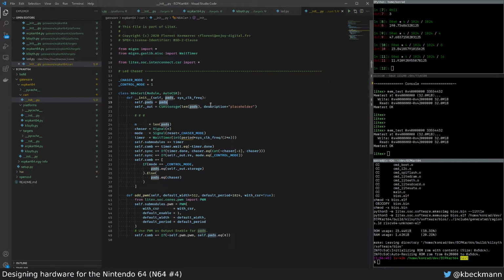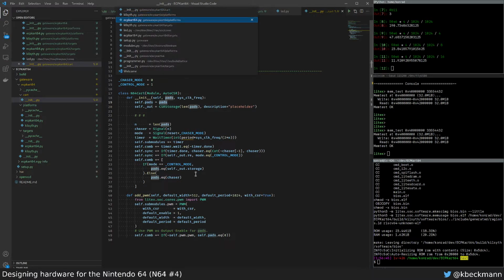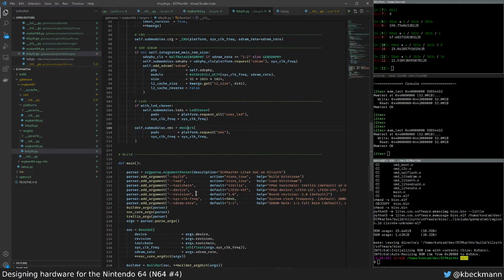So the way the LEDs work is that, going back to the target, you can do this platform.request, just like we did here with the SDRAM, which has a group of signals and so on. So I guess we can look at that implementation to kind of understand how to access the group signals.